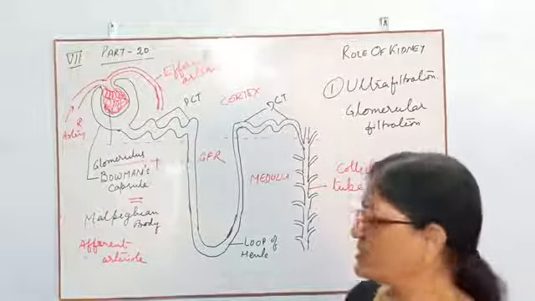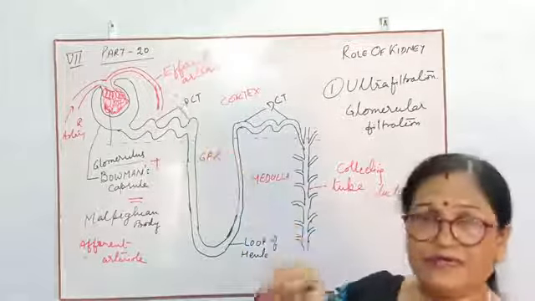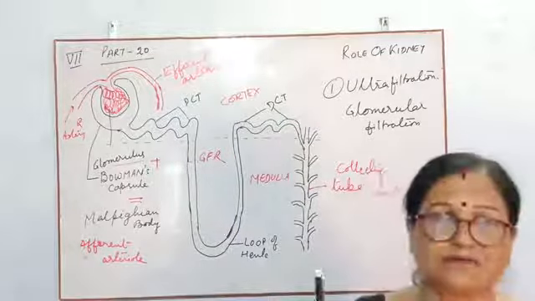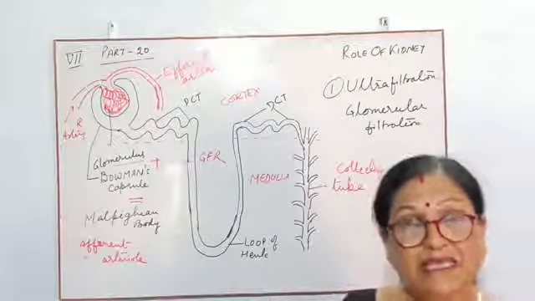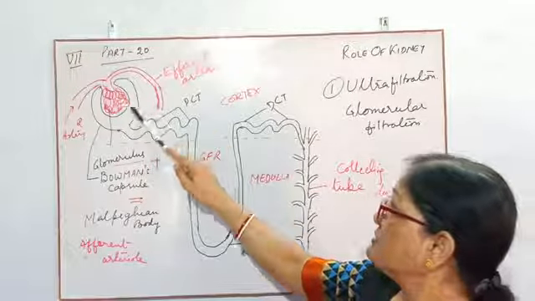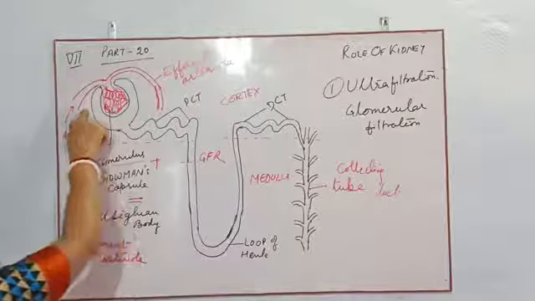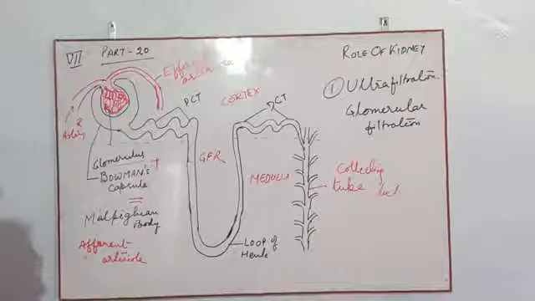After filtration, when the blood gets filtered, it can reach another part of the body, mainly towards the vena cava. This is the efferent arteriole. See children, the afferent arteriole is broader than the efferent arteriole.